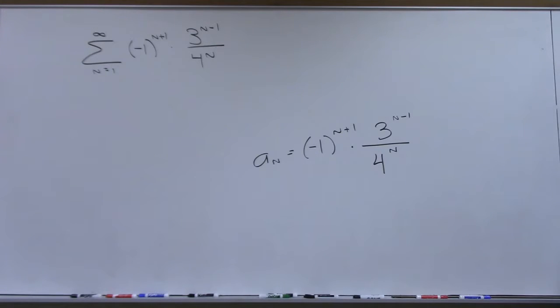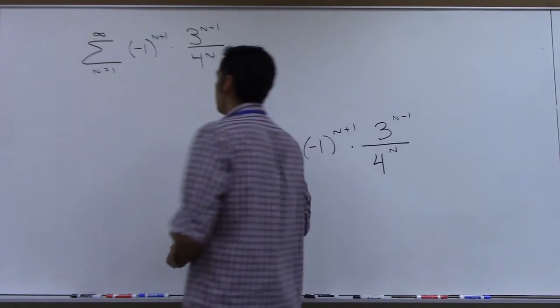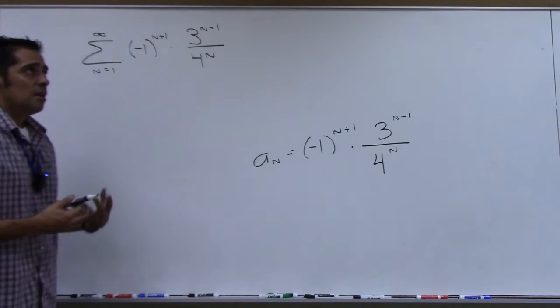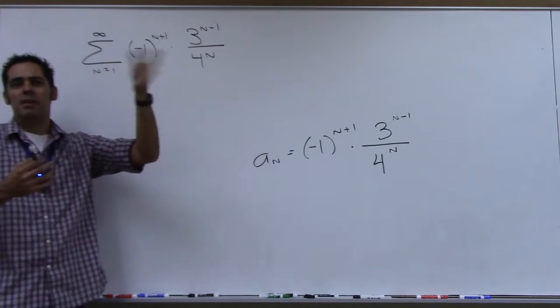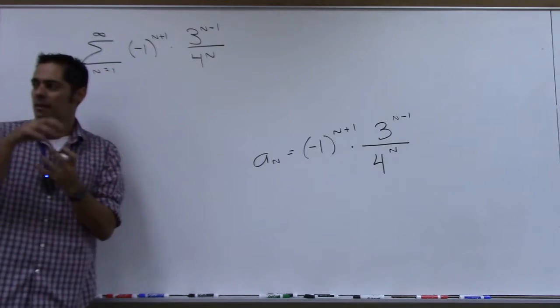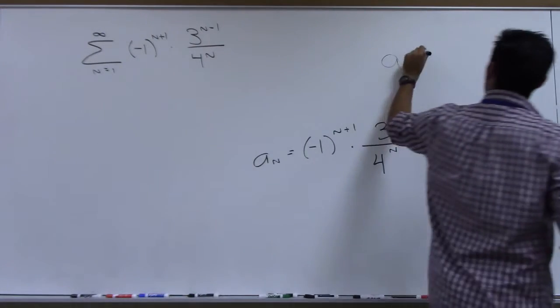Is that a geometric series? Doesn't look like it, does it? So what are the things that we look for in a geometric series? You've got to have an r raised to an n power. That n needs to be n minus 1. But overall, you need a base that's a number, right? a r to the n minus 1.